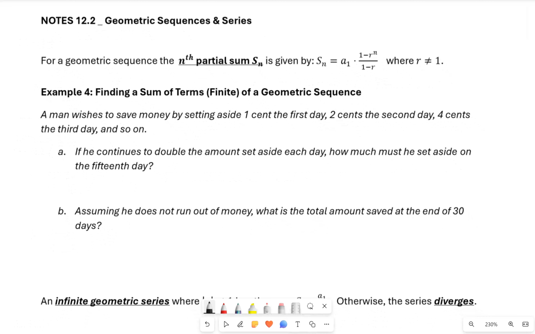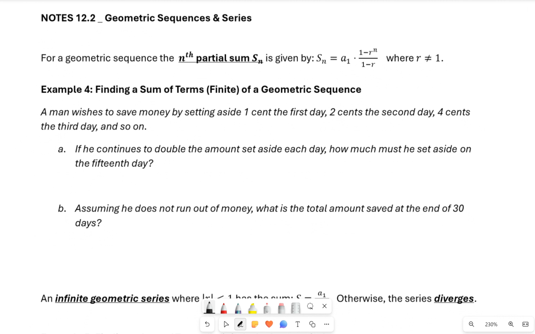We have what's called series, which are sums of the terms in our sequence of numbers. Series is just a sum of terms in our sequence. Okay, now, unlike the arithmetic sequences, you will see that for geometric sequences we have two types of sum formulas.